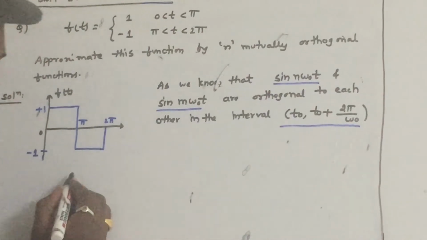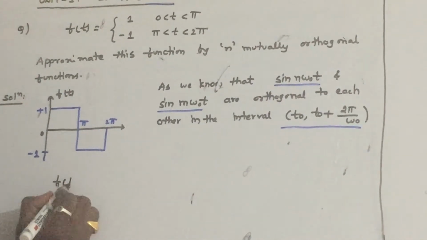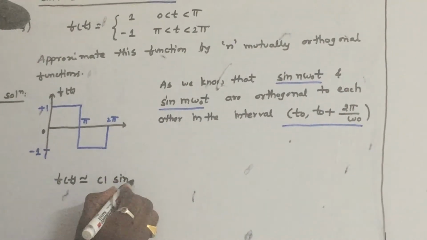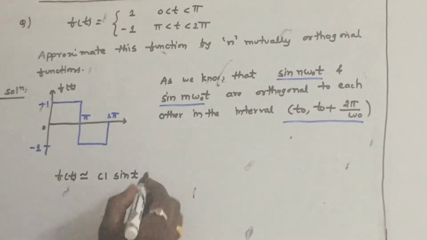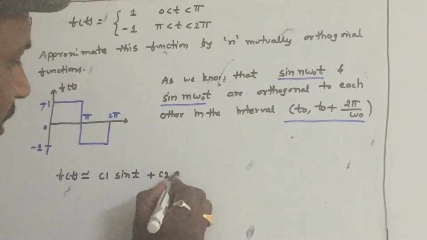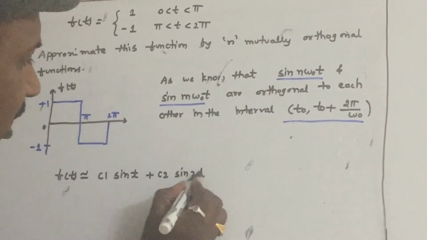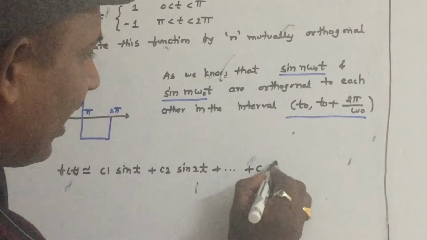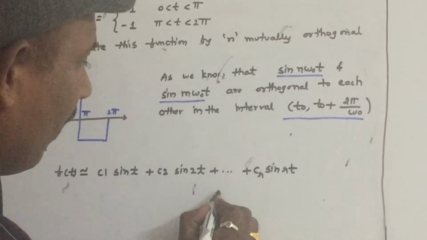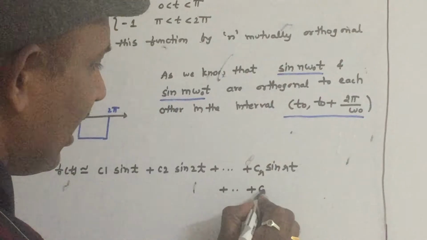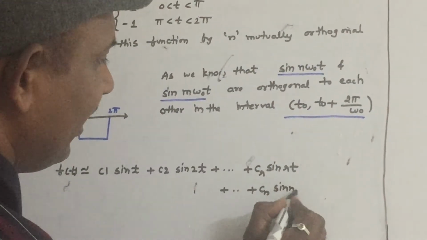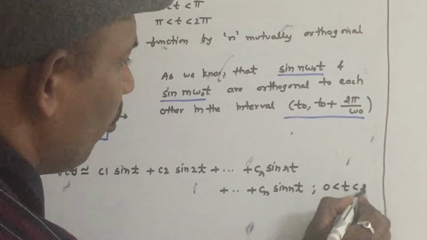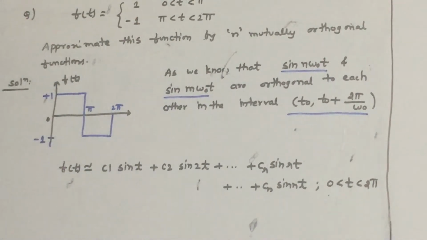So f of t can be approximated as c1 sin t plus c2 sin 2t plus so on plus cr sin rt plus so on cn sin nt, taking these orthogonal functions, in the given interval 0 to 2 pi.